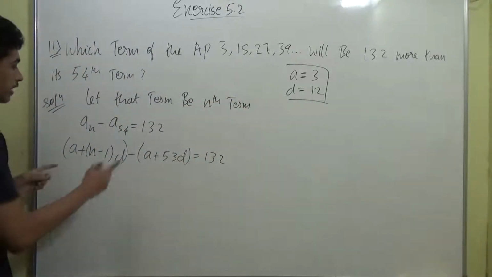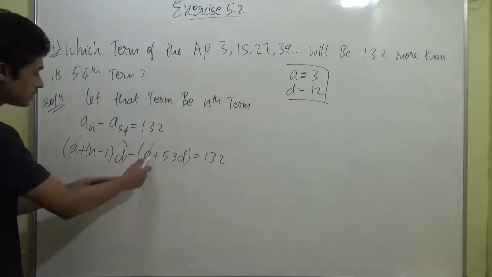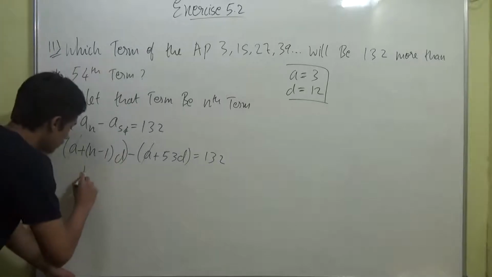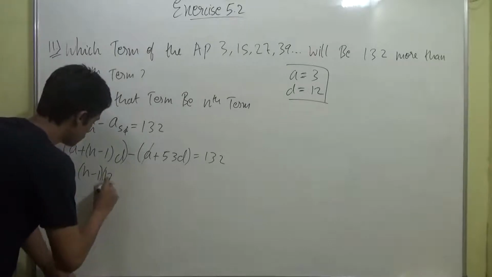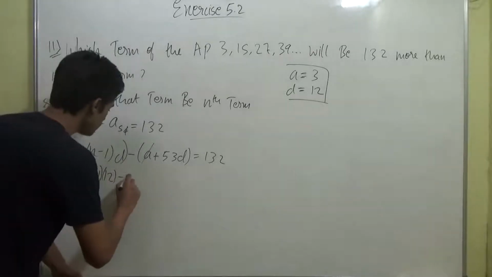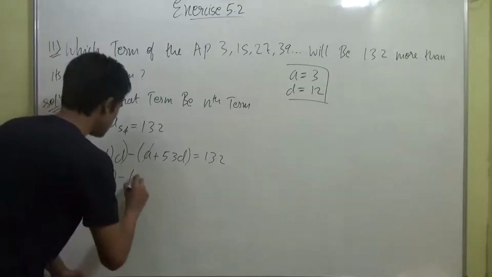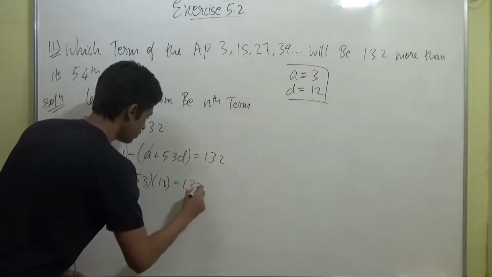Before that we can cancel A and A, because this is plus A and this is minus A. Here what is left out is (n minus 1) into D, where D is 12, minus 53D, which is 53 into 12, equal to 132.